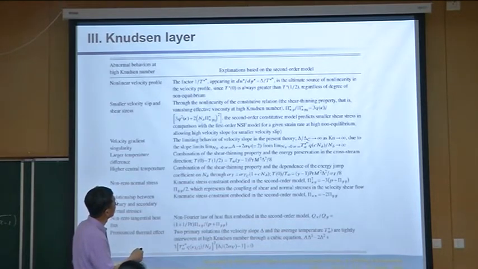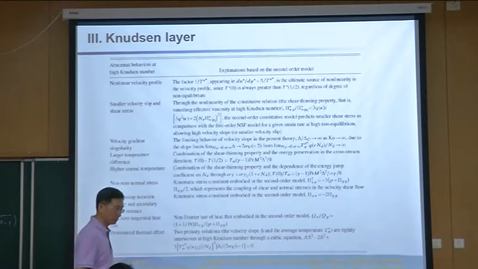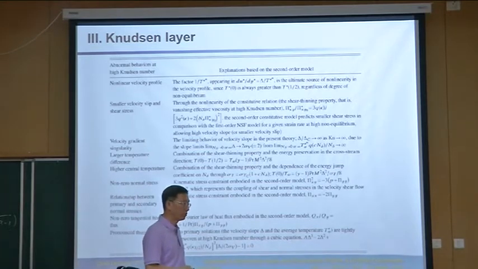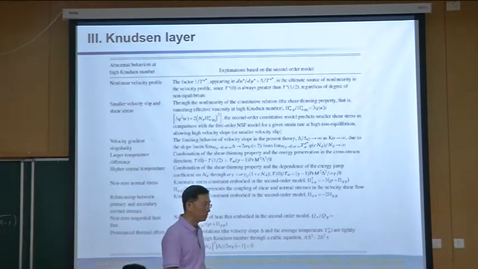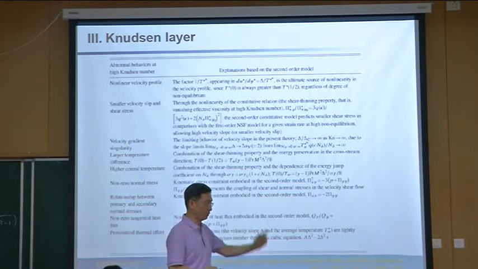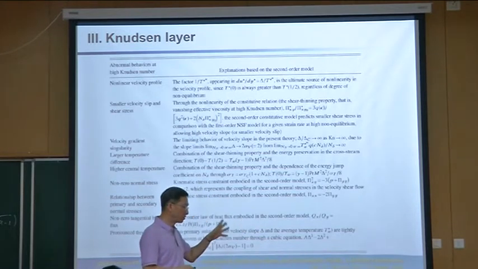Because the centerline temperature is always greater than wall temperature, regardless of the degree of nonlinearity. But this is the reason why in the Knudsen layer we have nonlinearity? The first thing is the temperature dependence of viscosity.